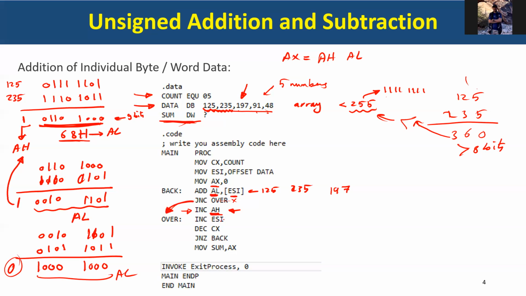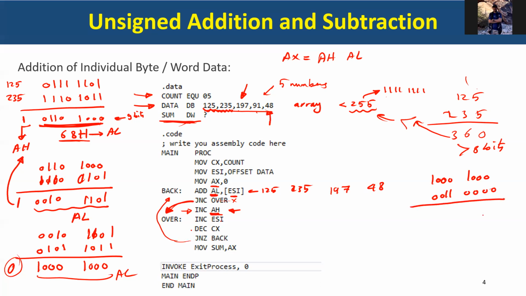And just increment SI so that we point to the following memory location, and jump not zero and decrement CX, and CX at that time will be 1, and we go back. Then we're going to add the 48, so we take the last result in AL and add to it 48. 48 is 0011 and 4 zeros.